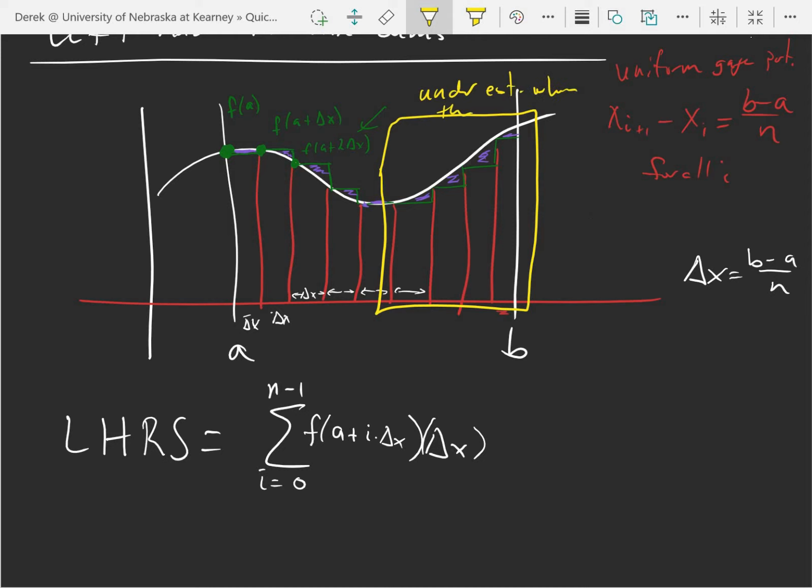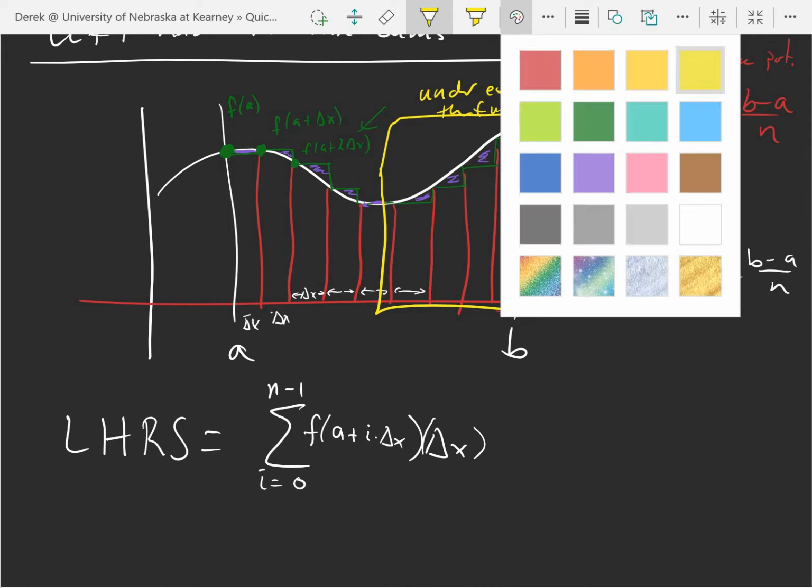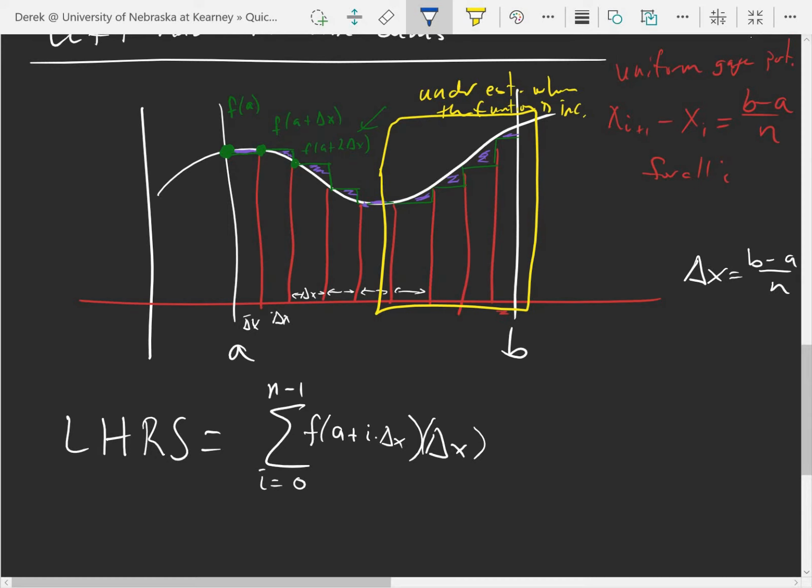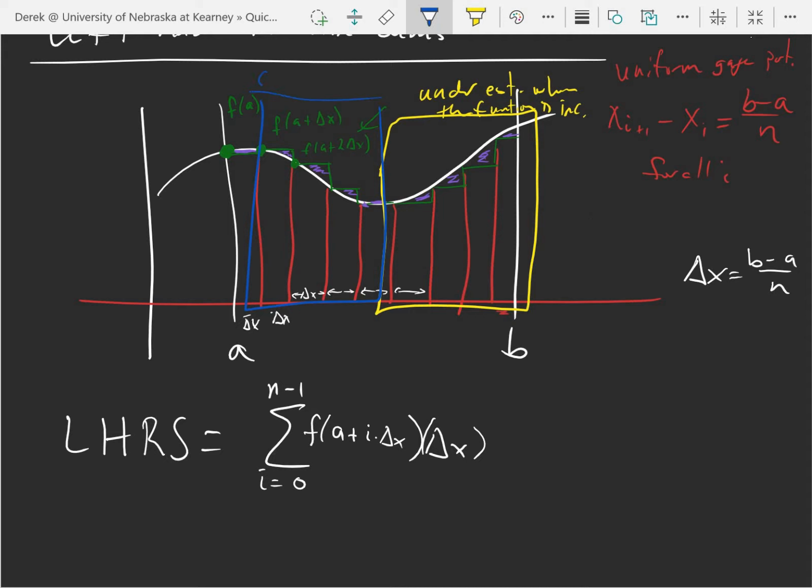And over here we've got an overestimation when the function is decreasing. So it combines a little bit of an overestimate and a little bit of an underestimate, and those balance out to be somewhere in the middle.